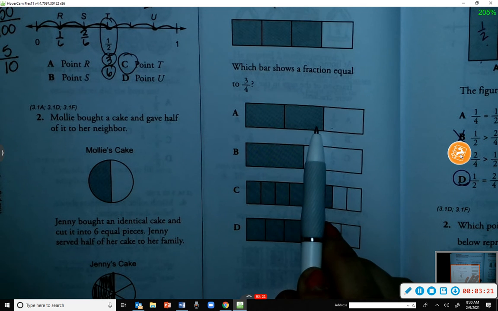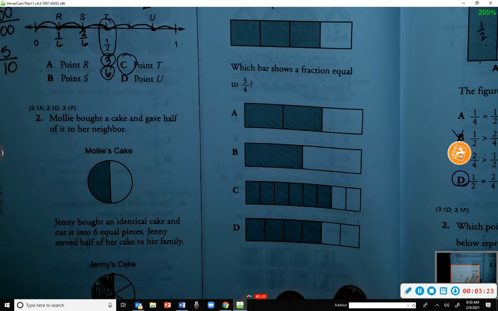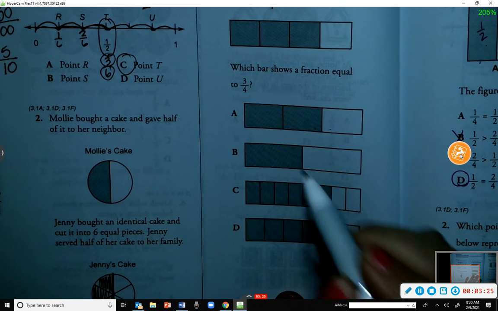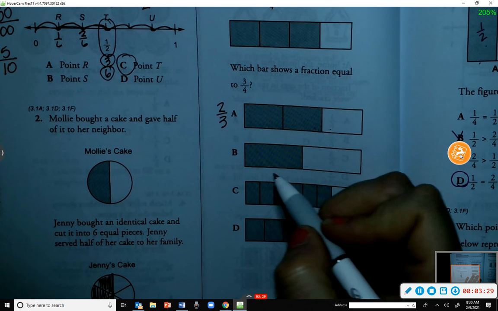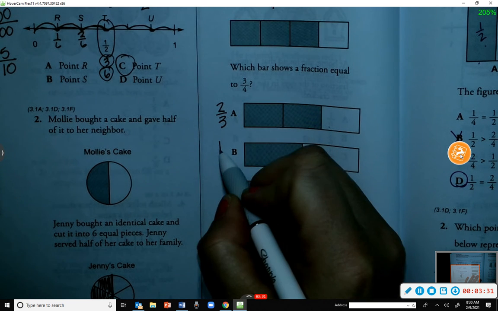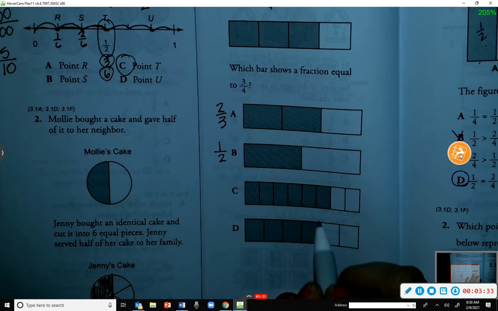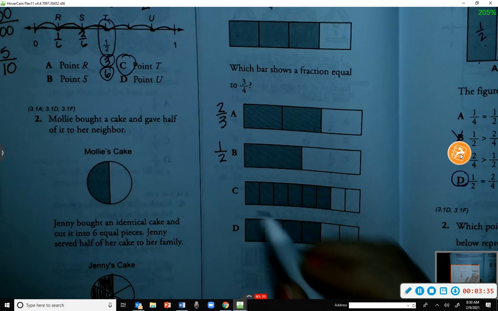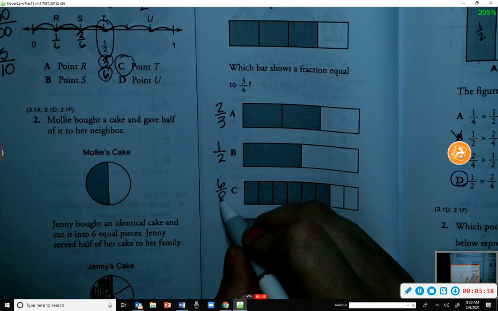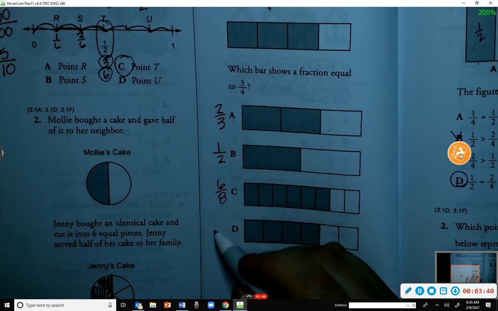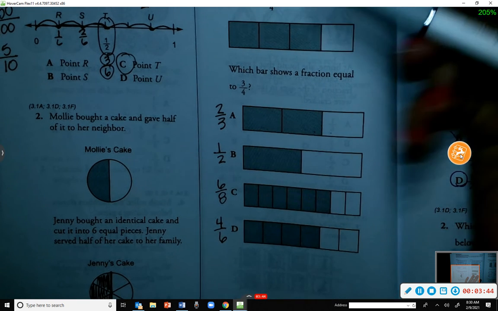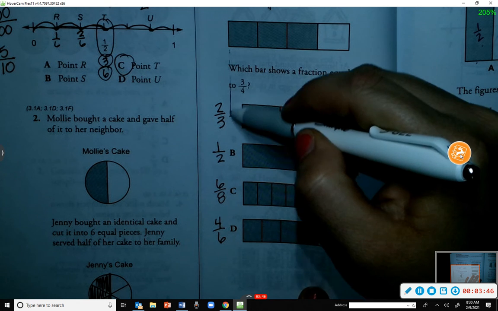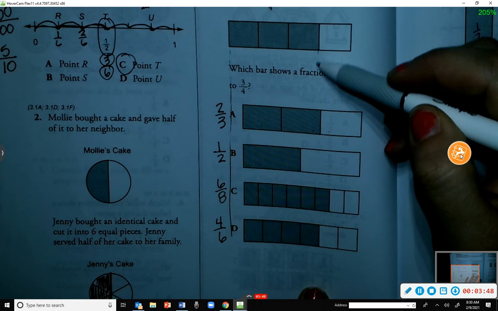So A, what would my fraction be? 2/3. B is 1/2. C is 6/8. And D is 4/6. Good.